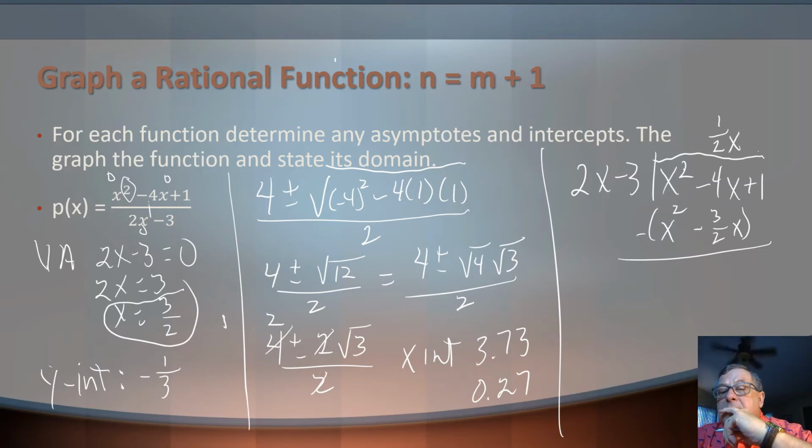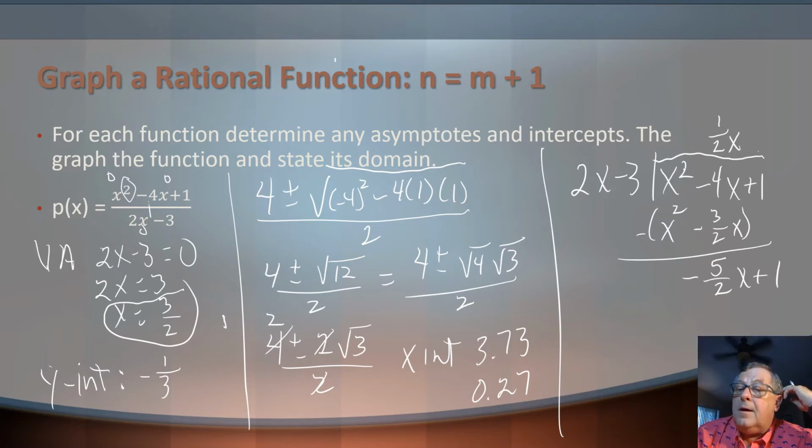And it's a plus, right? Negative 8 over 2 plus 3 over 2 is going to be negative 5 over 2x plus 1.